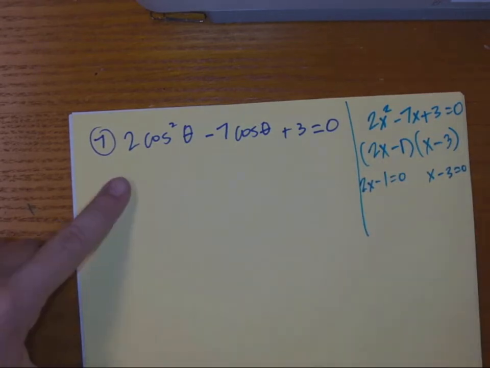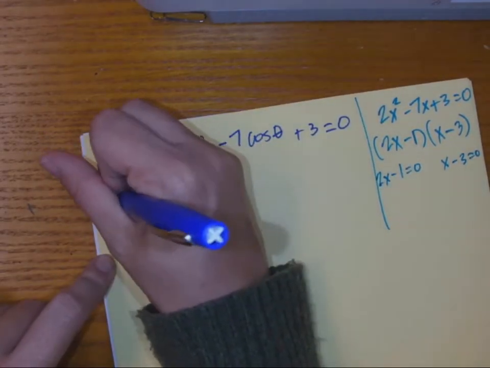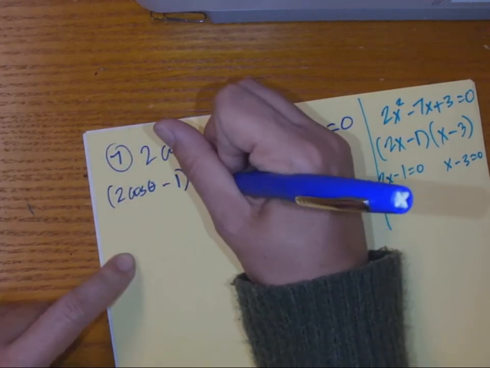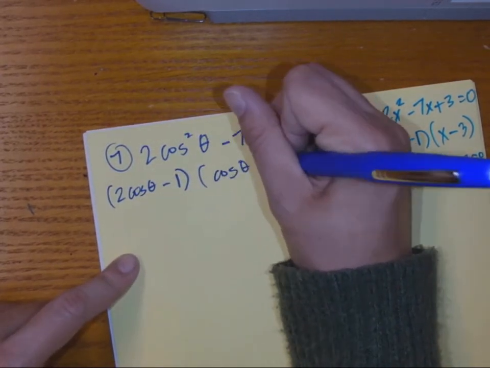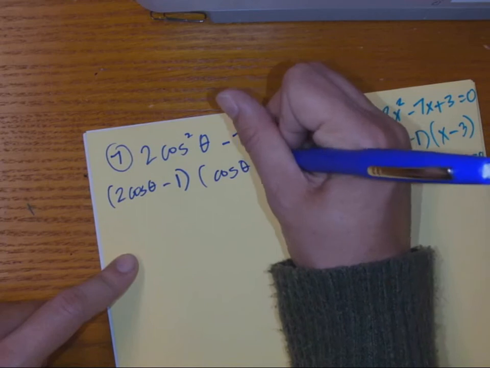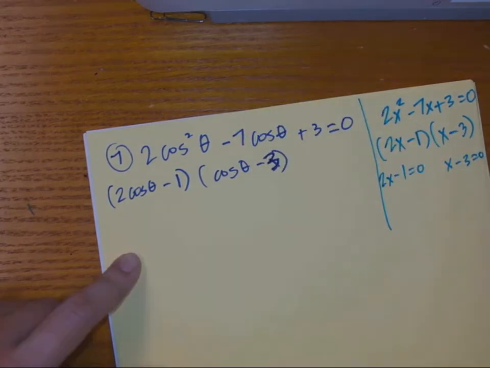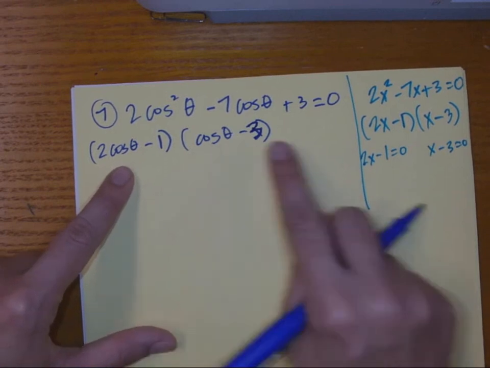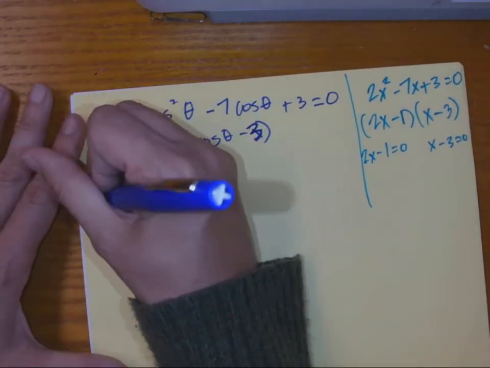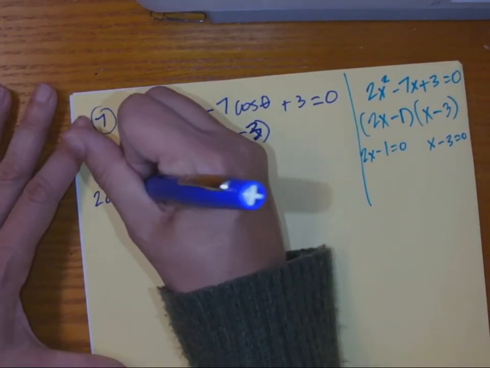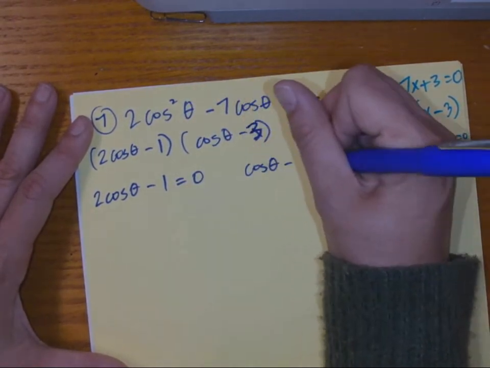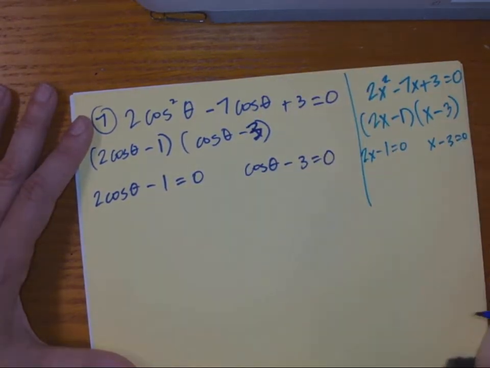So similarly over here, this factors into 2 cosine theta minus 1 times cosine theta minus 3. Okay, so instead of x, I'm just using cosine theta, and then set each factor equal to 0. So 2 cosine theta minus 1 equals 0. Cosine theta minus 3 equals 0.